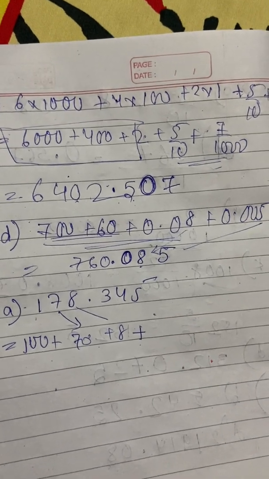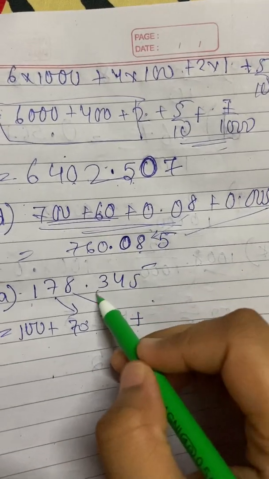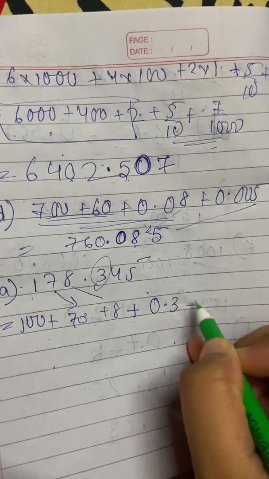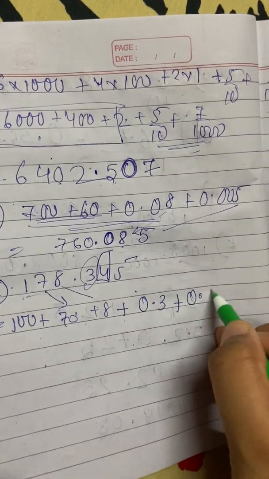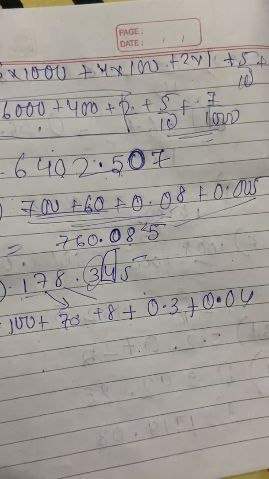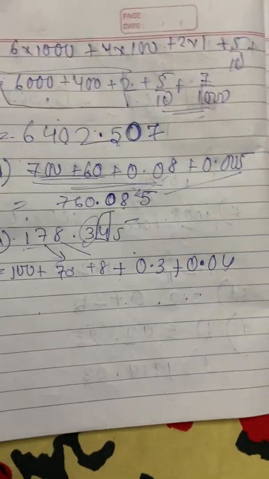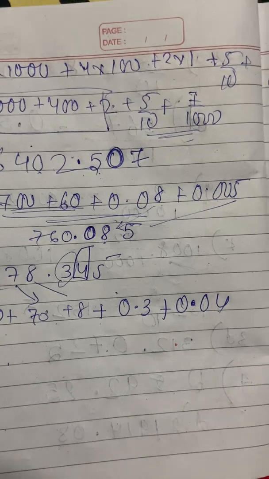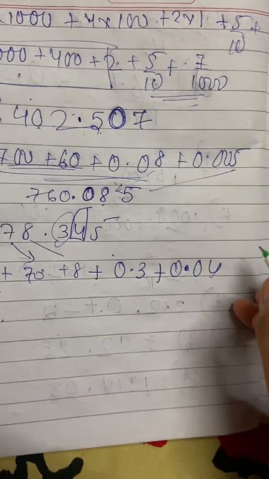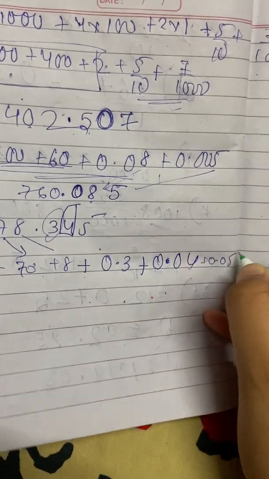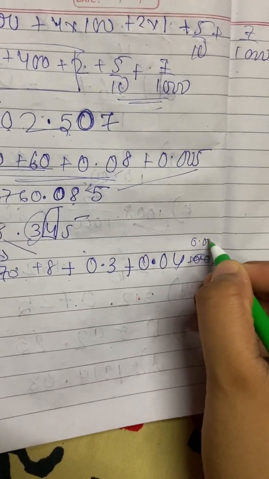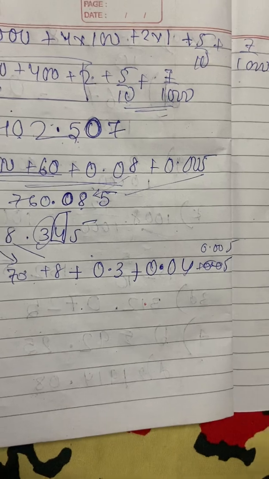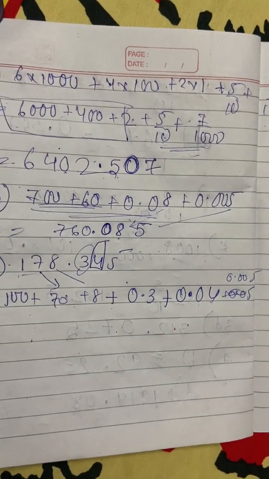Since we have to write the decimal, so we'll write this as 0.3. Then for writing 4, we'll ignore everything. We'll write 0.04 because 4 is in hundredths place. Now 5 is in thousandths place. So we'll write 0.05. Sorry, 0.005. So this is the decimal form.